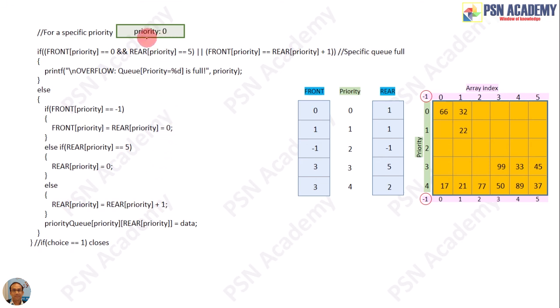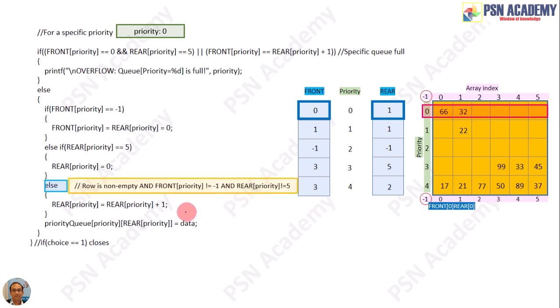Suppose the user has given priority 0. So in the figure you see, in priority 0, front 0 is at 0 and rear 0 is at 1. Now this is the else part where the row is non-empty, that means there is data, and front priority is not -1, right? And rear priority is not 5, right? So this is the condition which is indicated by else.